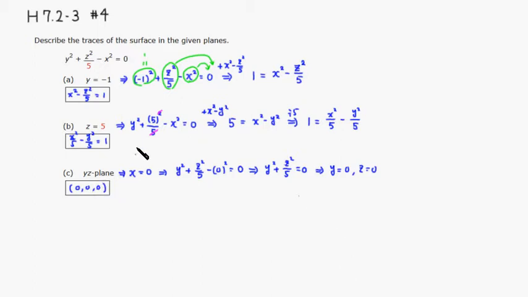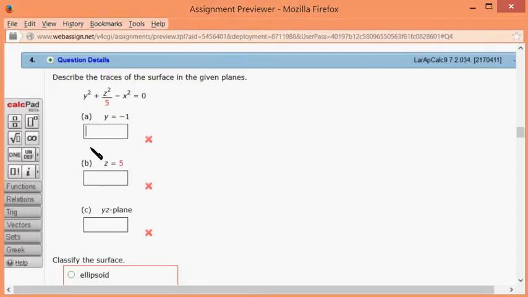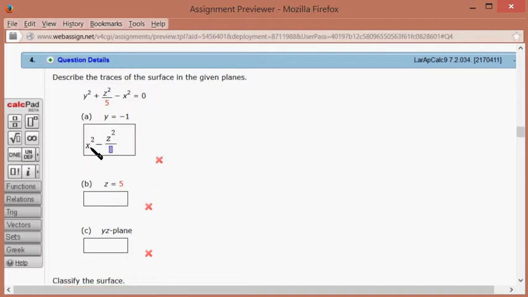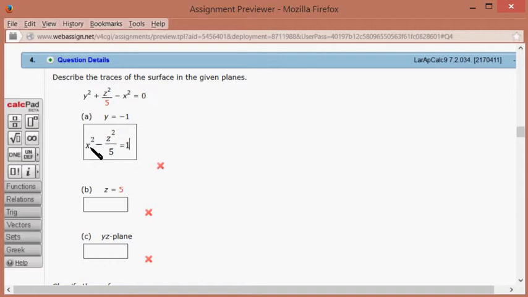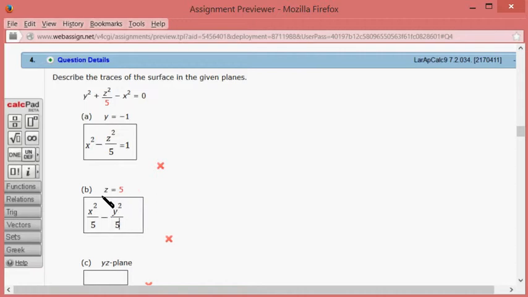Let's type those in. Part A was x squared minus z squared over 5 equals 1. Part B was x squared over 5 minus y squared over 5 is equal to 1.